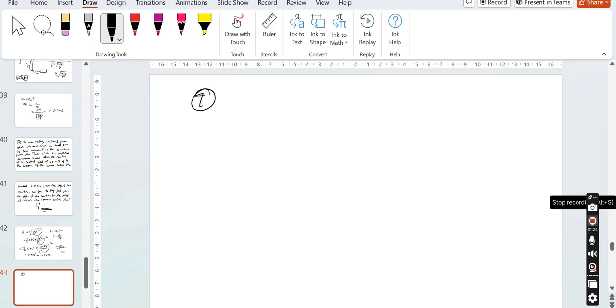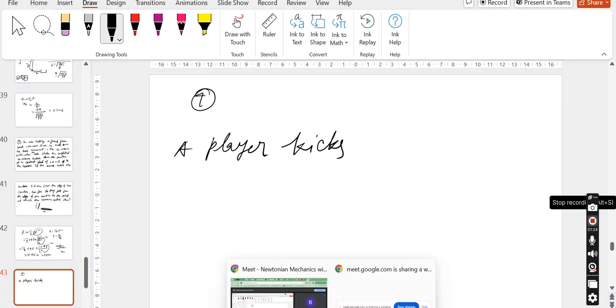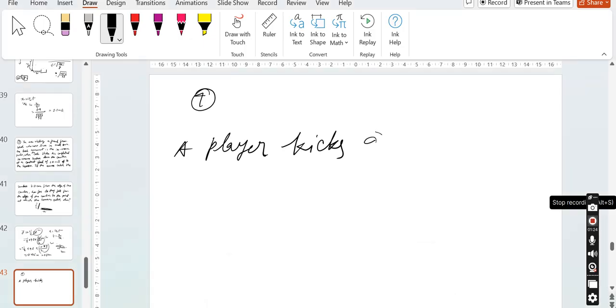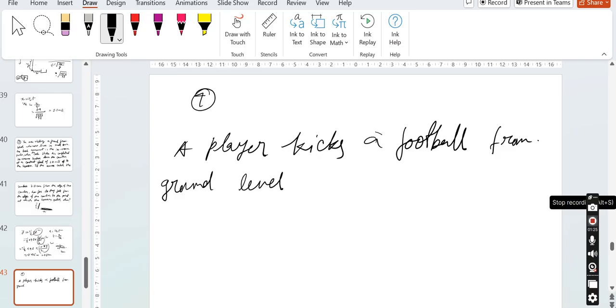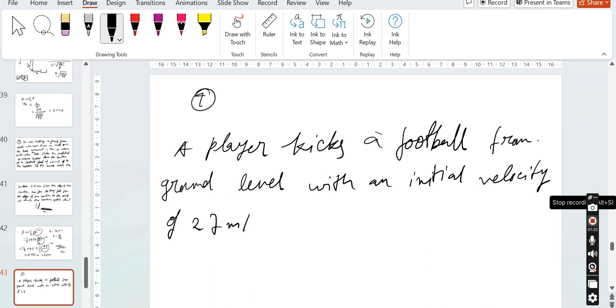The question is: a player kicks a ball from ground level with a velocity of 27 meters per second at a 30-degree angle above the horizontal.